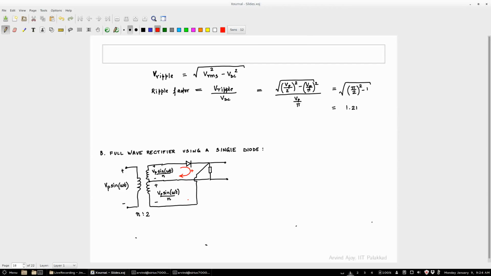How will current flow? So in the negative half cycle it will go through this, but what will be the sense of flow through the load? Through the load it will be the same direction, right? I'll use a different color for the negative half. It will basically go through that and then go back this way.